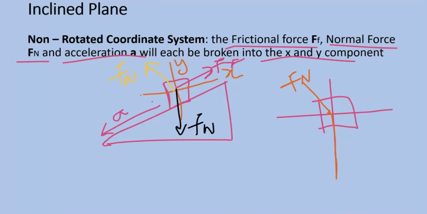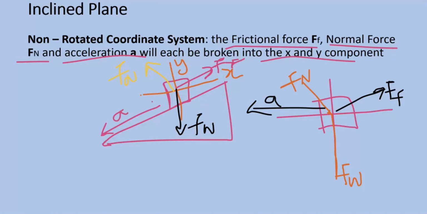This would be the force of the weight, force of gravity. Here would be the frictional force, F of f. And here is acceleration, A. So if you look at them all, they are all in between the x and y components direction.